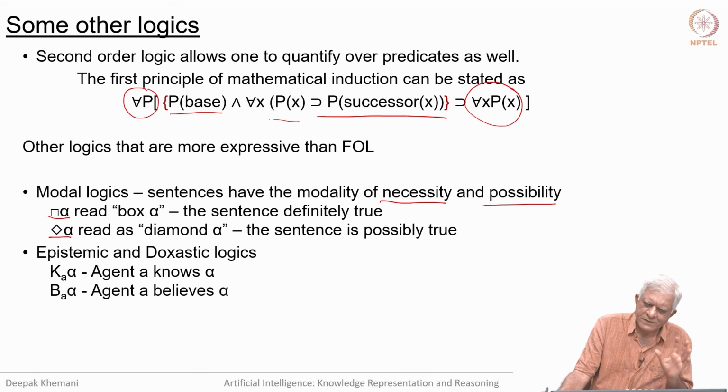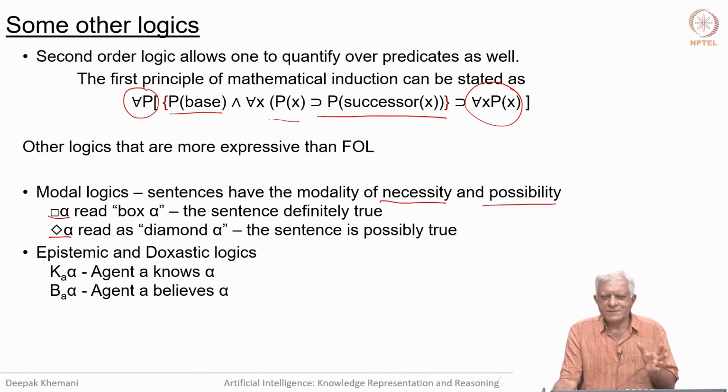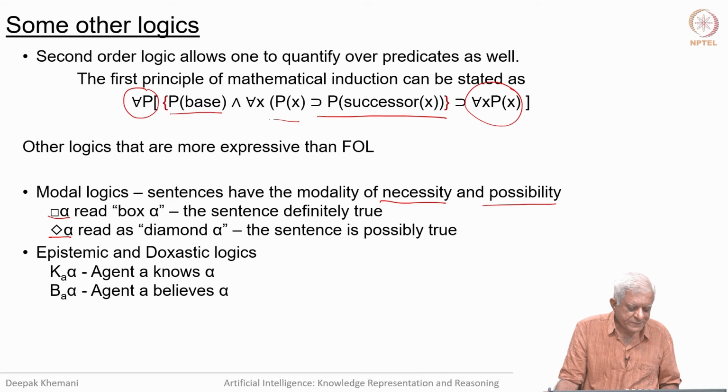So, there is a difference between knowledge and belief, and from the logic perspective, knowledge can only be about true facts, that if you know something then it must be true. Belief can be about facts which are not true. So, for example, I believe that the earth is flat. That does not mean that the earth is flat, but if I know some formula alpha, then that formula had better be true in my domain. And so, there is a subtle difference between these two modalities.